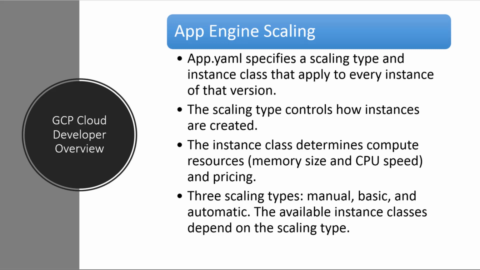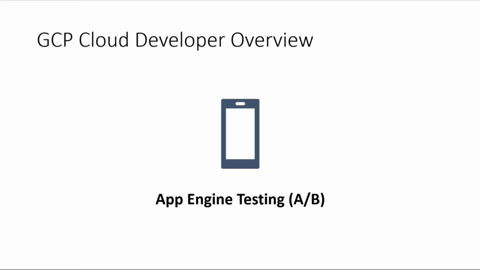Now, one of the things that you might want to highlight is that there are three scaling types: manual, basic, and automatic. The available instance classes depend on the scaling type. Again, on the exam, they want you to know how to scale App Engine, and that will appear to be a common theme on the exam, so just be warned.